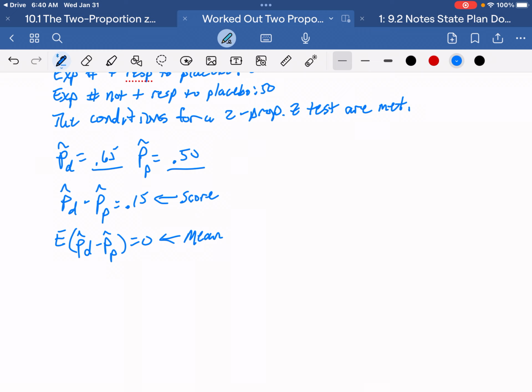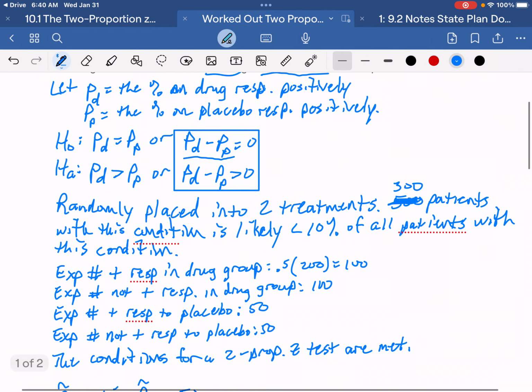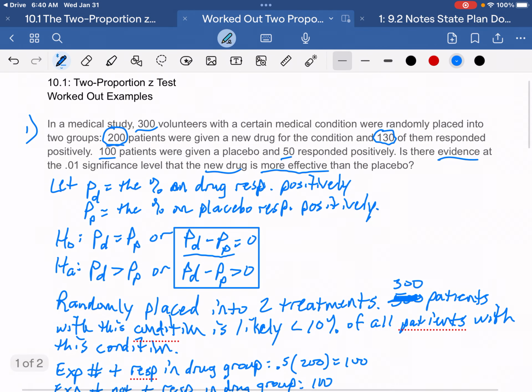But before you can calculate your standard deviation, you have to calculate p-hat pooled. And basically all this means is put both groups together. So p-hat is x over n, right? You go back to your data and get your x's.